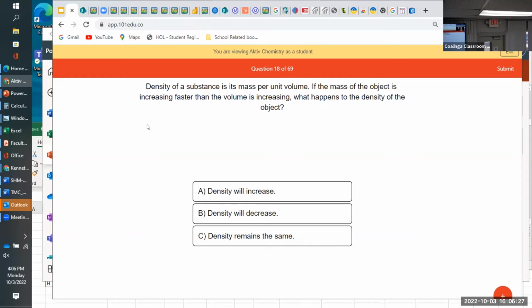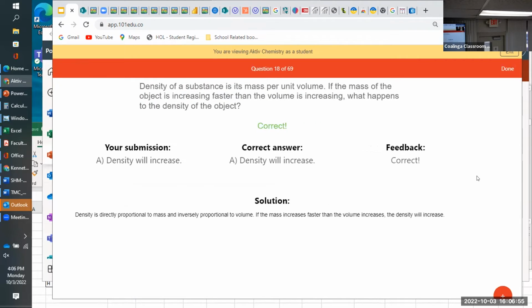Density will increase, because density is directly proportional to the mass and inversely proportional to the volume.